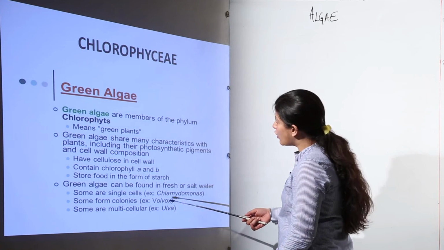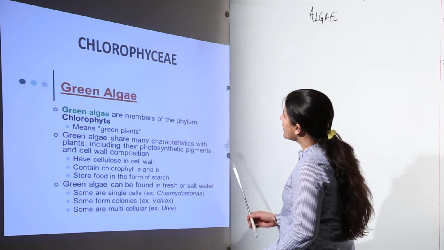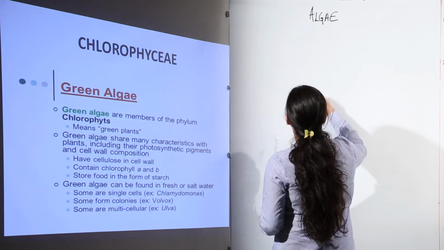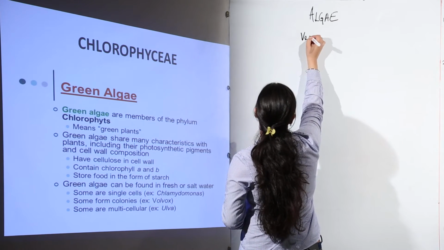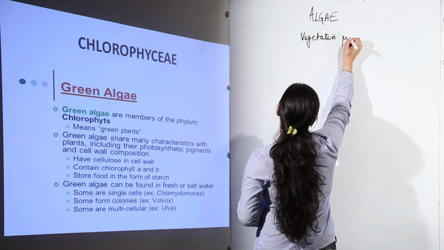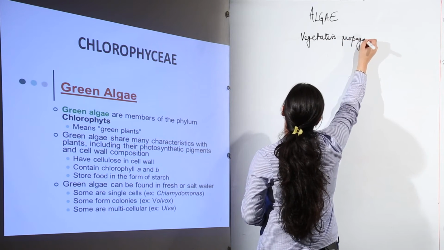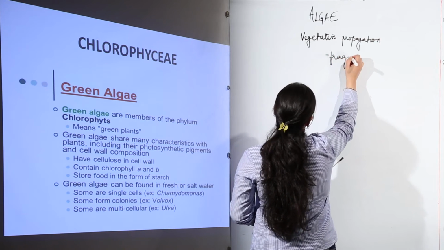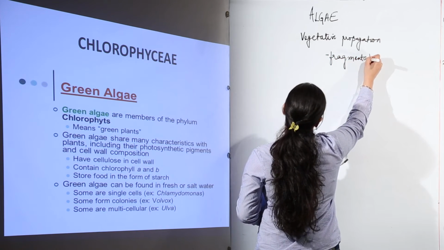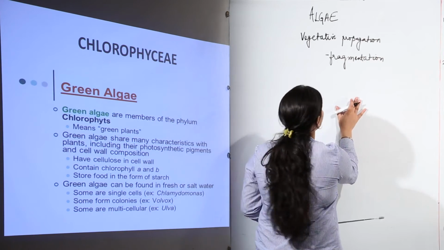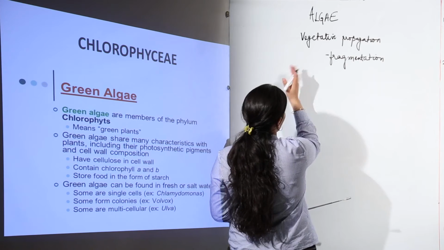Before we go further to brown algae, let's talk about the reproduction. The first is vegetative propagation, which is by fragmentation. So you have to remember that the green algae would propagate vegetatively by means of fragmentation.